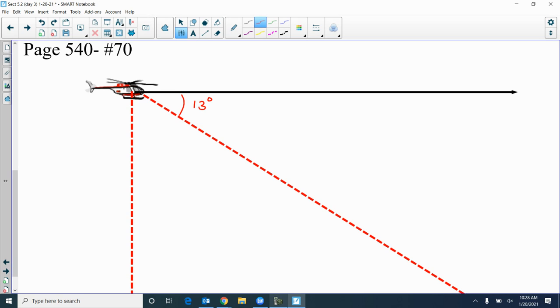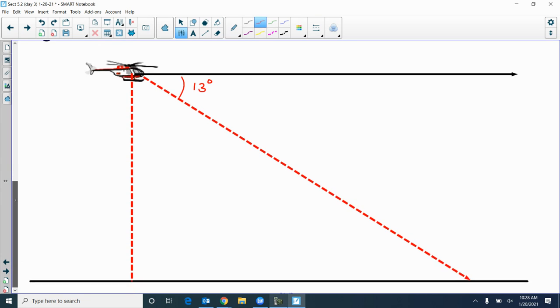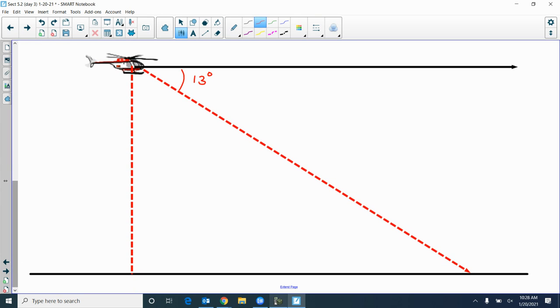Okay? So I just want to make sure I go over a couple of these because a lot of times, by habit, you want to put it in that top left-hand corner. You can figure out what that angle is by doing 90 minus, but you really need to draw this horizontal line. That line will be parallel to the ground for this situation.